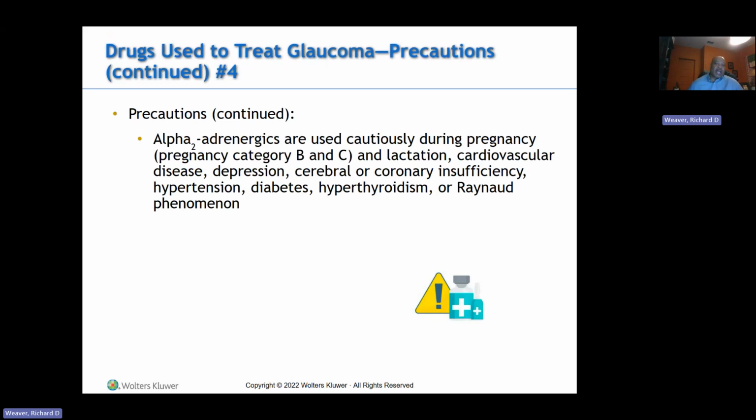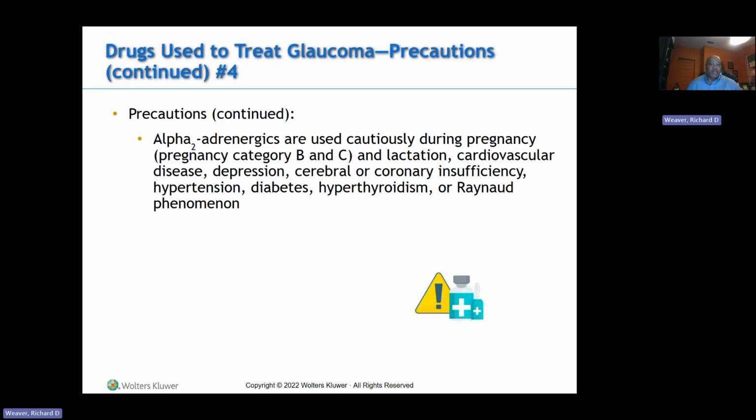Also use caution in clients with cardiovascular disease, depression, cerebral or coronary insufficiency, hypertension, diabetes, hypothyroidism, and also Raynaud's phenomenon. When brimonidine is used with central nervous system depressants, such as alcohol, barbiturates, opiates, sedatives, or anesthetics, there is a risk for an additive CNS depressant effect, because these drugs cause CNS depression.